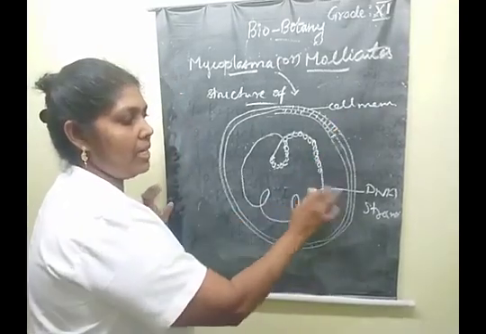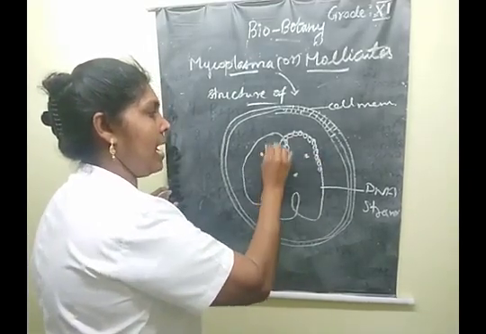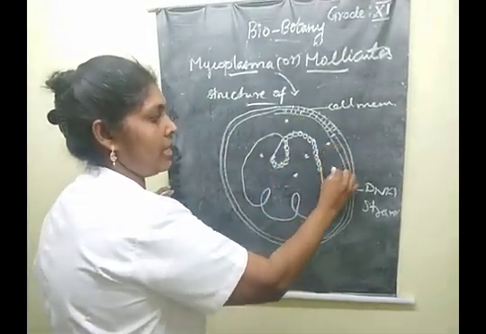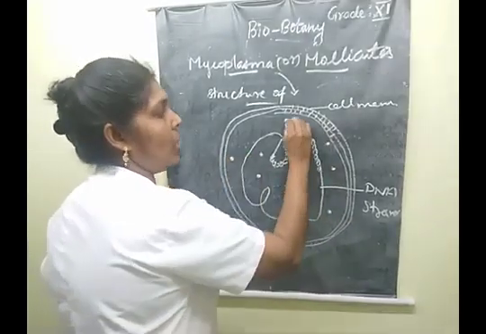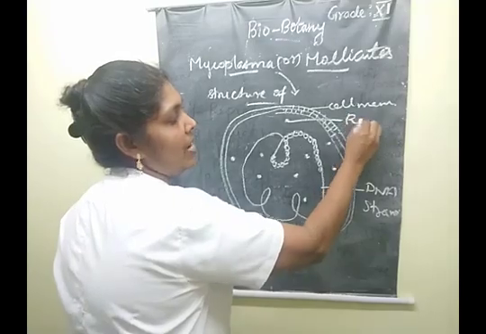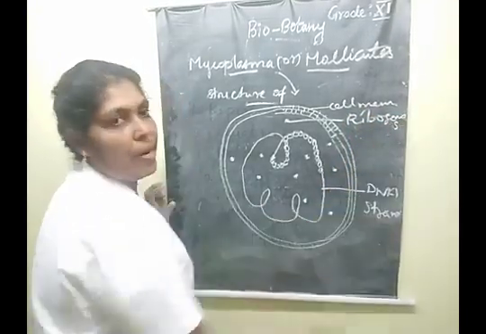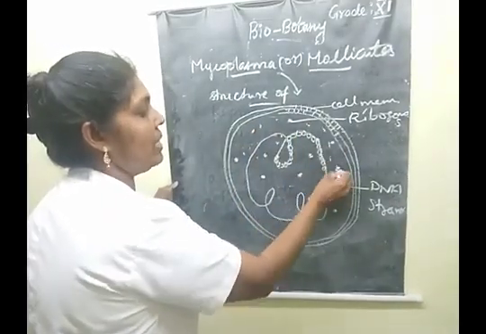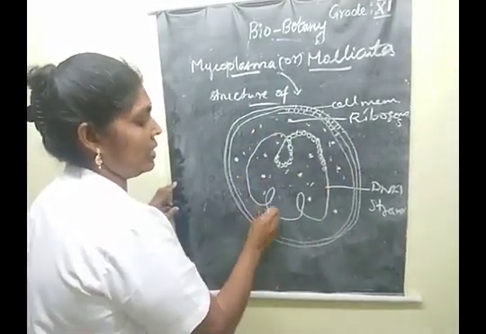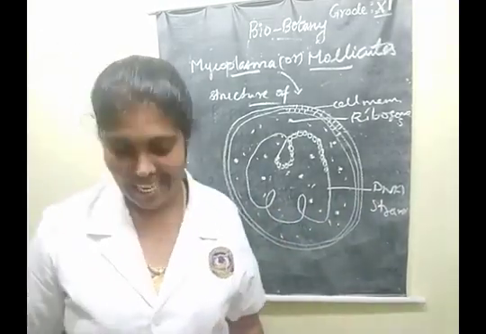This is the cell membrane, and this is the DNA strand. Then inside and also outside the DNA strand, put structures like this. What are these called? Very good, ribosomes. Understood? This is a very easy diagram, children. This is the structure of mycoplasma. That's all. Understood? Yes, very good.